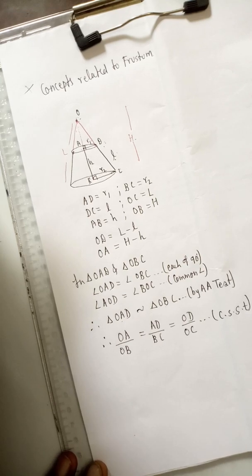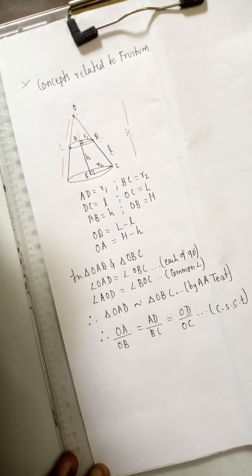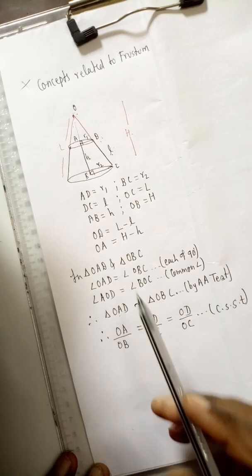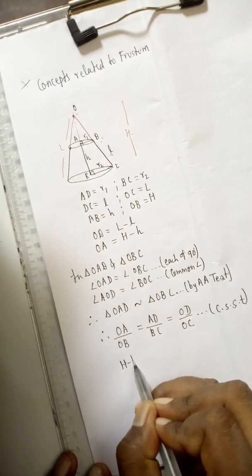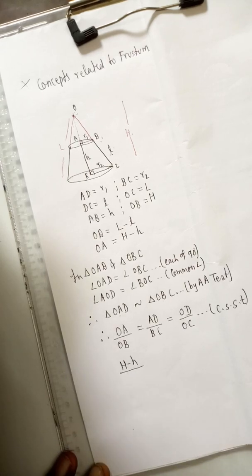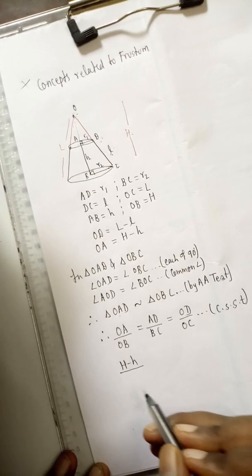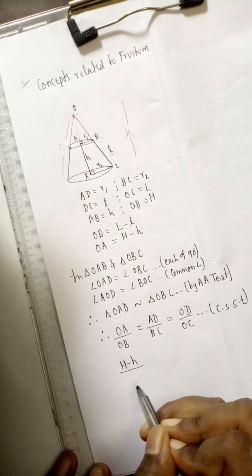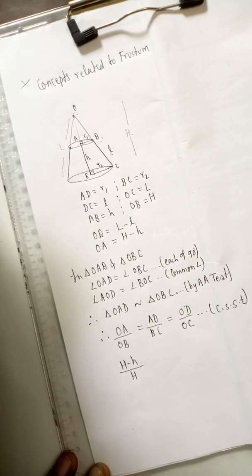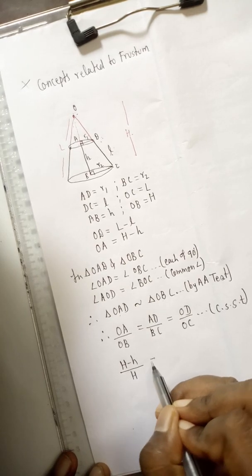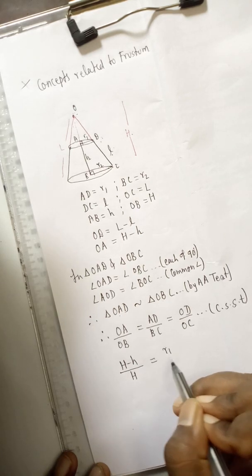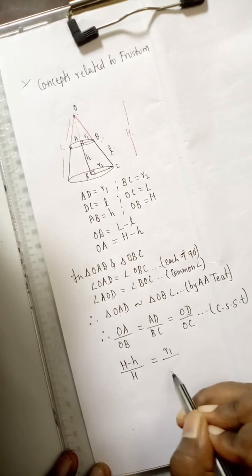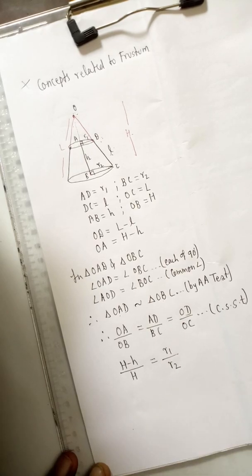For this step, we will substitute all the values. OA value is what from here? Capital H minus small h, upon OB value is what? OB is capital H, right? Equals AD value is what? R1. BC value is what? R2.